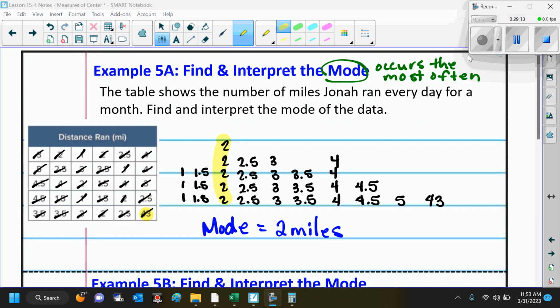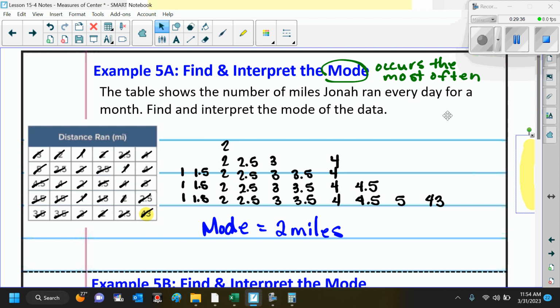Now I'm going to go back to example 5A real quick, and I just want to mention, remember we said you could have more than one mode if the situation arises. So let's say we only had 4 2s in here.